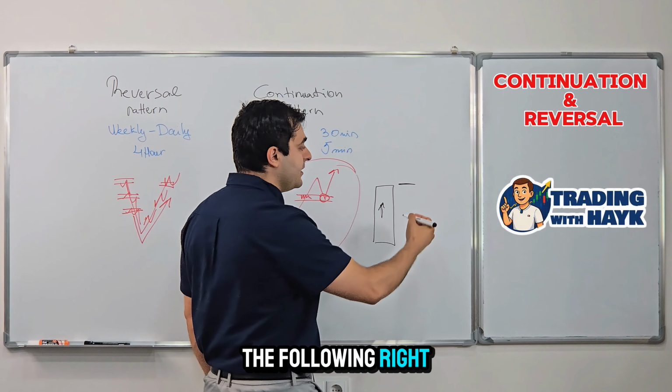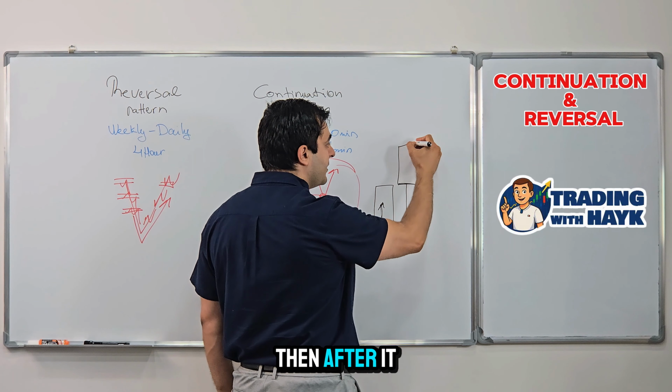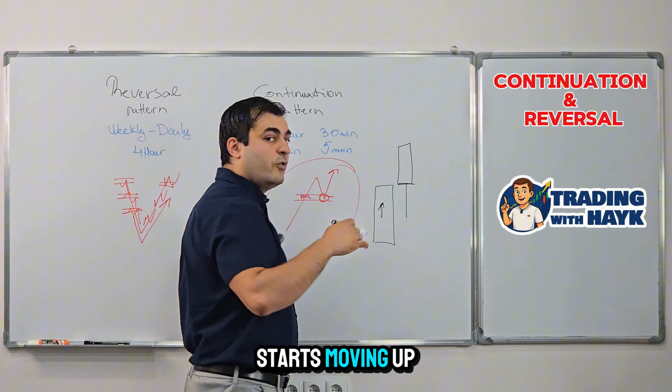Happens the following, right? It gets a retracement down, then after it starts moving up. Why? Because the pressure of this candle is much more effective, bigger than the smaller ones.